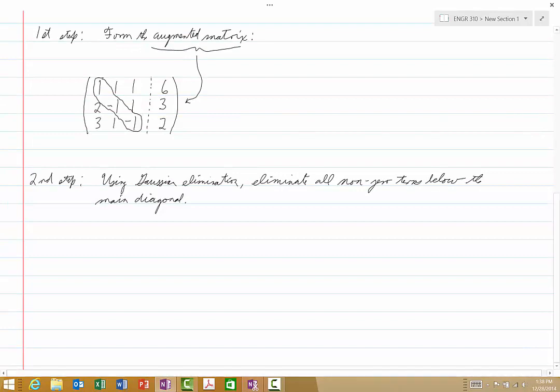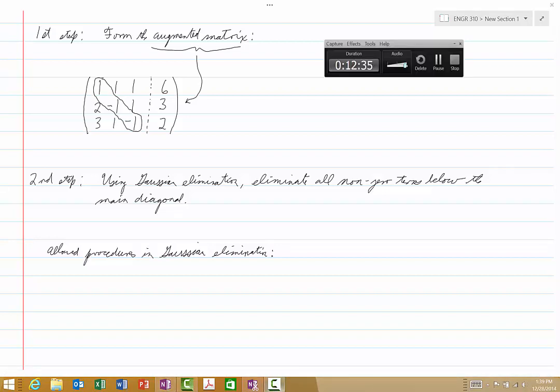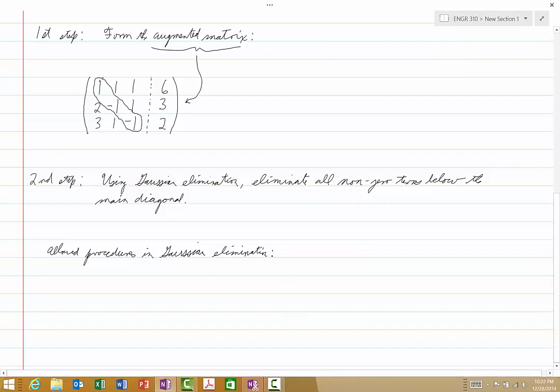Well, let's just say allowed procedures in Gaussian elimination. There are 3 different procedures that you can employ in Gaussian elimination.